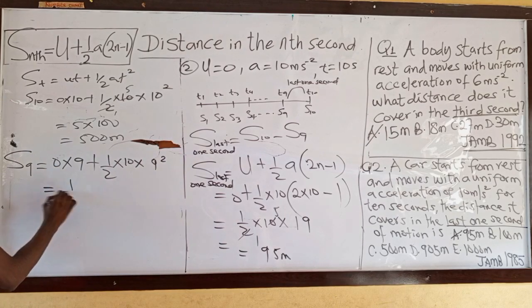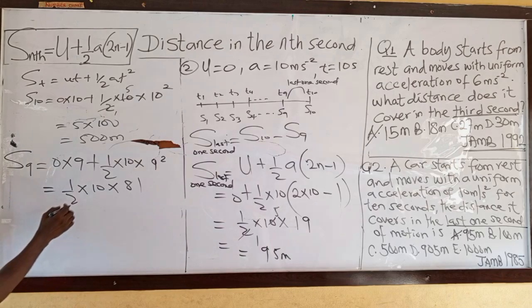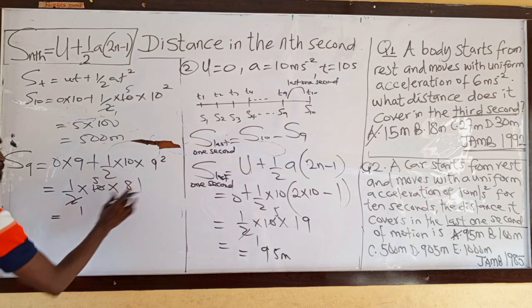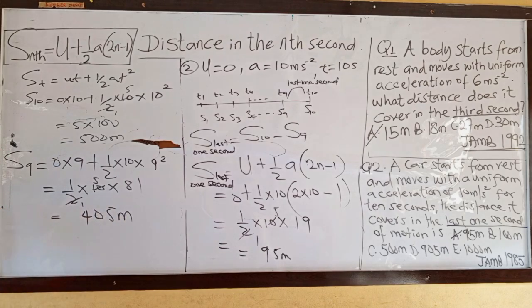That is half times 10 times 81, which is 5 times 81, giving 405 meters.